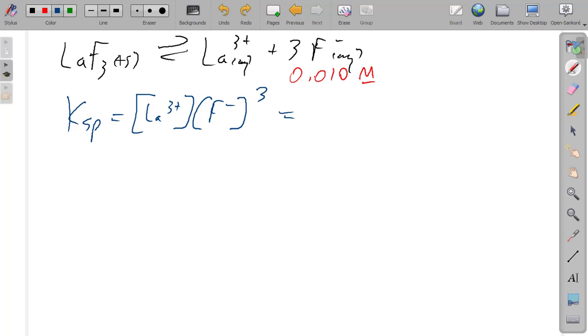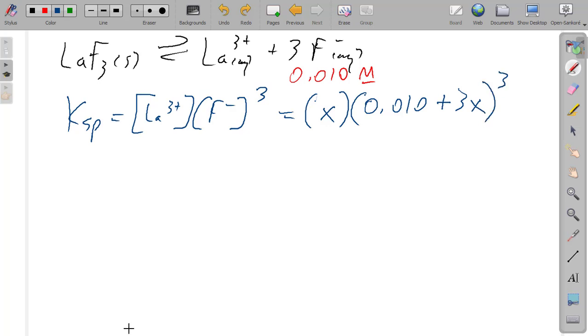The lanthanum fluoride serves as your 1, and the lanthanum is 1 to 1, but we don't have any numbers because we're going to pretend like we don't know that part from 12. And so we call it x. The fluoride now, of course, it has the 0.010 molar in the beginning also, right? Plus, because it got added in, plus its original 3x, all cubed.